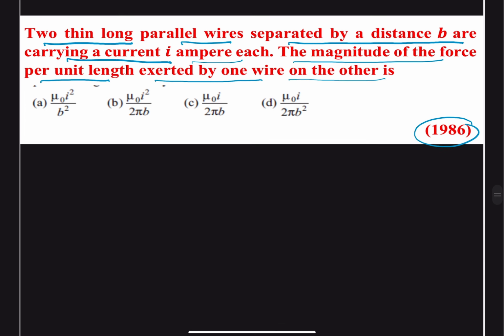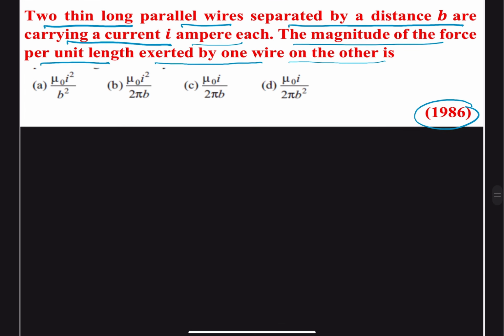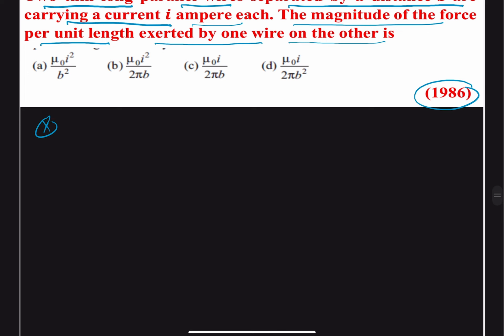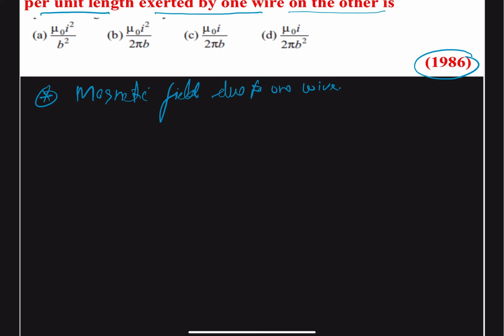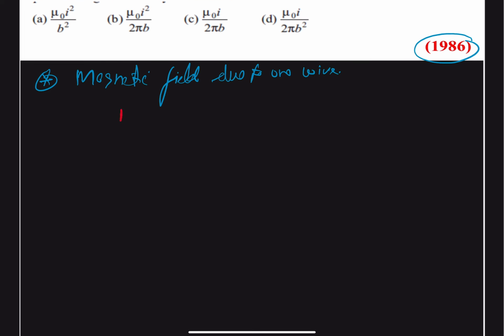We start with the magnetic field. The magnetic field due to one wire is B equal to mu naught I upon 2 pi b, and we can find the force.